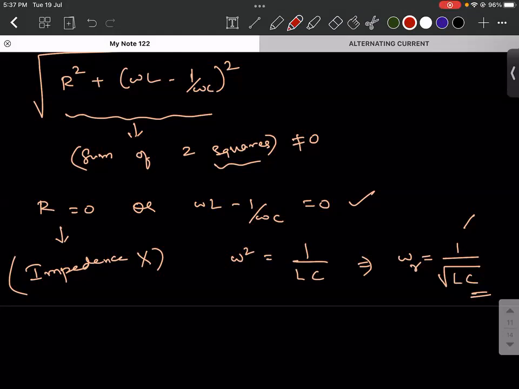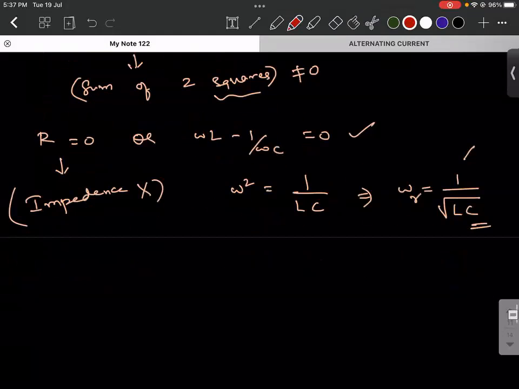Is it clear? So omega R is 1 by root LC. What does the subscript R denote? R is resonance. You read it as resonance frequency. So omega R is 1 by root LC.